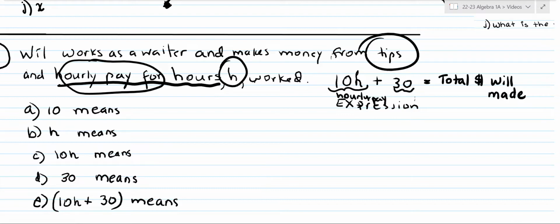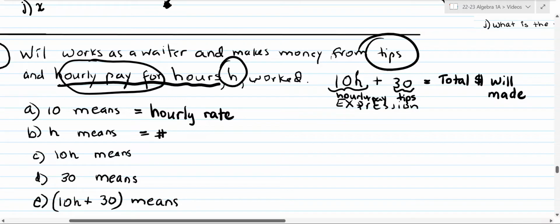In this one right here, 30 by itself, pretty constant. It's probably the money that Will made from tips. So what does the 10 mean? 10 is the hourly rate. That's how much he makes per hour. H is the number of hours.